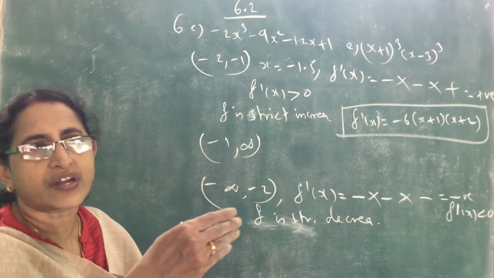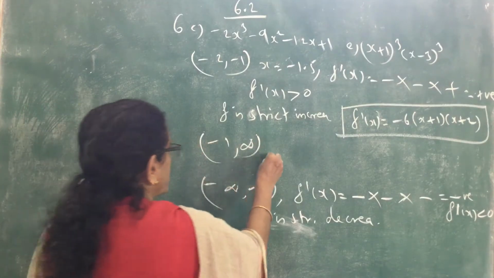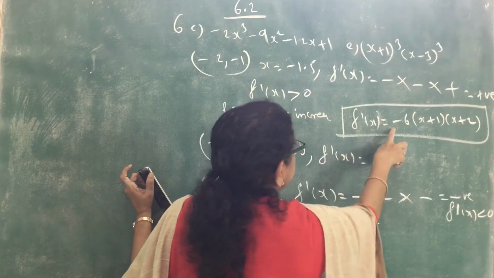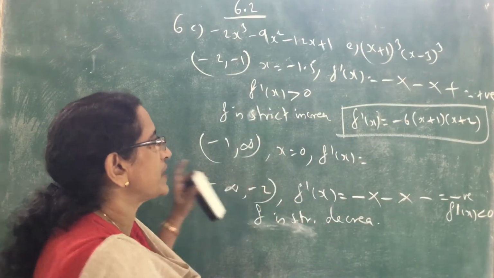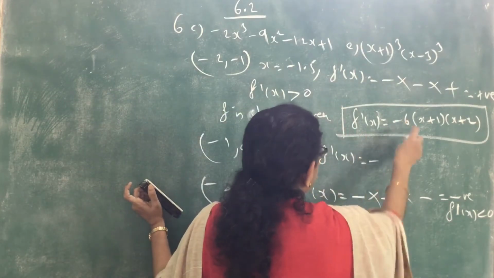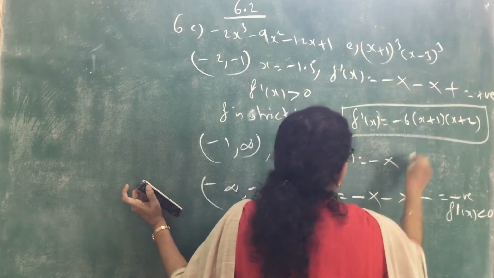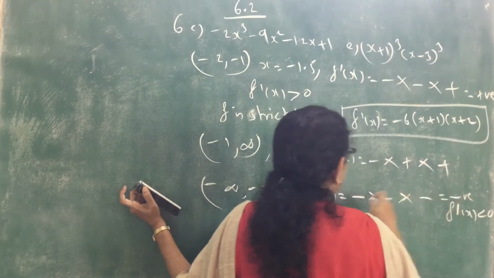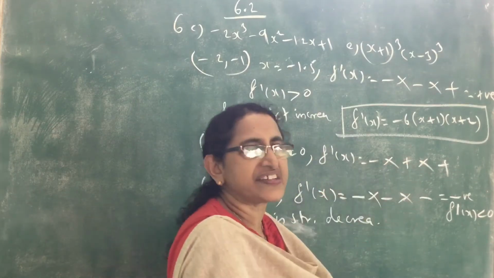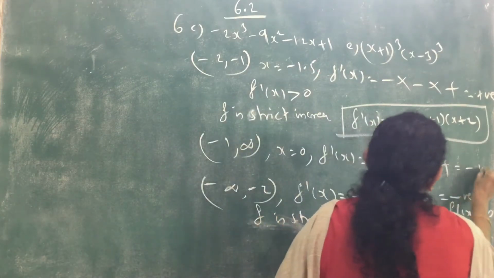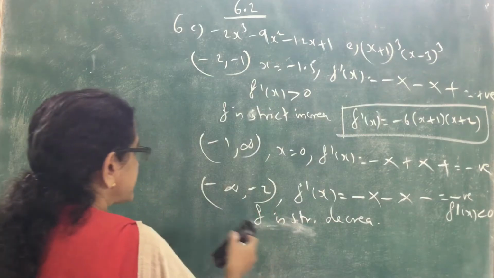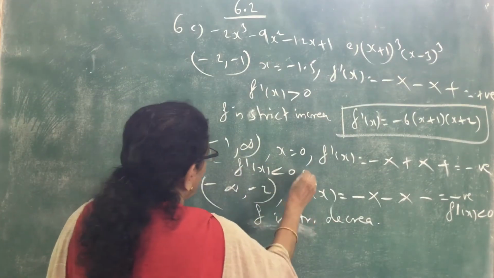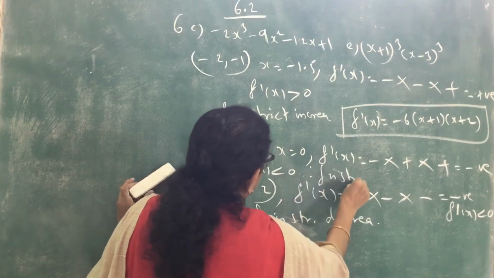When x is equal to 0, negative into 0 plus 1 positive, into 0 plus 2 positive. So negative into positive is negative. Therefore f dash x is less than 0, and therefore f is strictly decreasing.